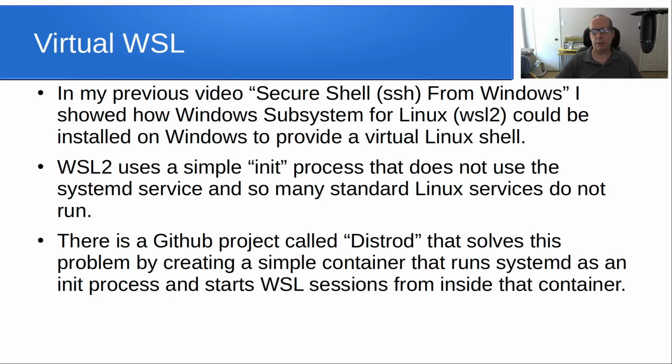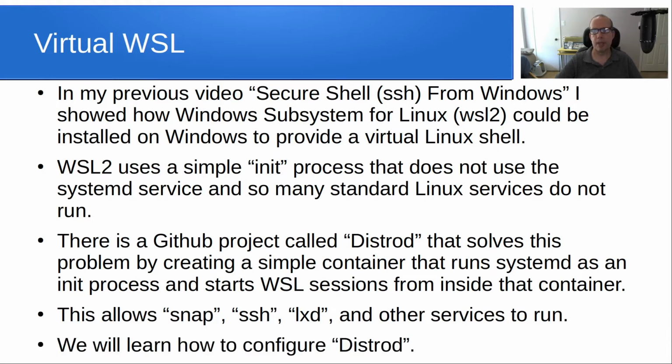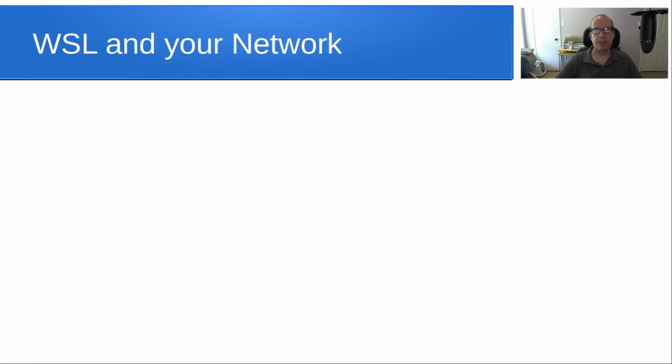There is a GitHub project called distrod that solves this problem, and it does so by creating a simple container that runs systemd as an init process and starts the WSL sessions from inside of that container. This allows snap, SSH, LXD, and other types of services to easily run like they would on a server. So we're going to learn how to configure distrod.